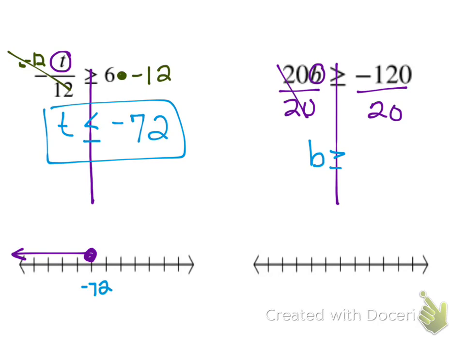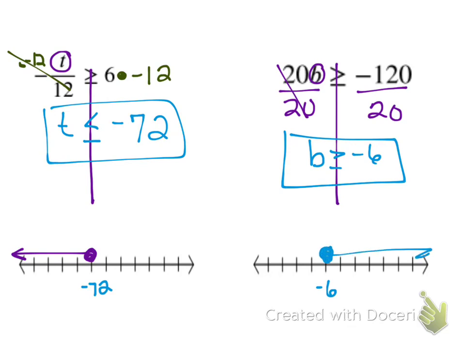And it equals negative 6. So you took negative 120 divided by 20, you got negative 6. What if that wouldn't have divided out evenly? You'd make it a fraction. Okay, open or closed? Closed. Right or left? Right. All right, nice job.